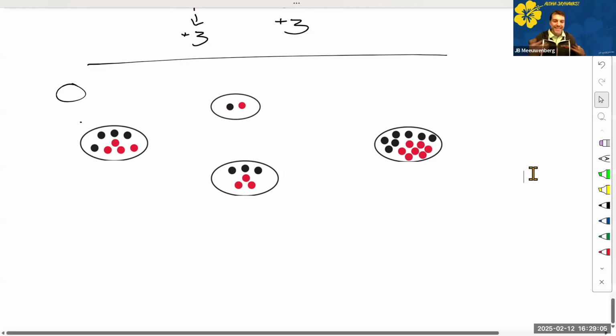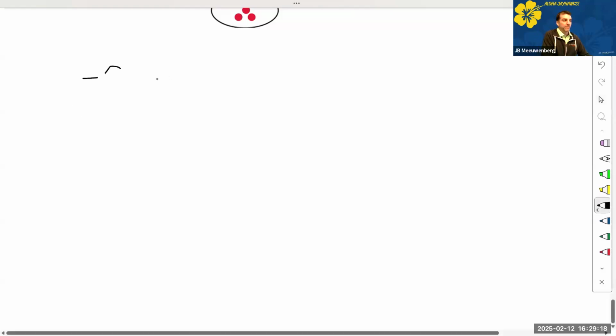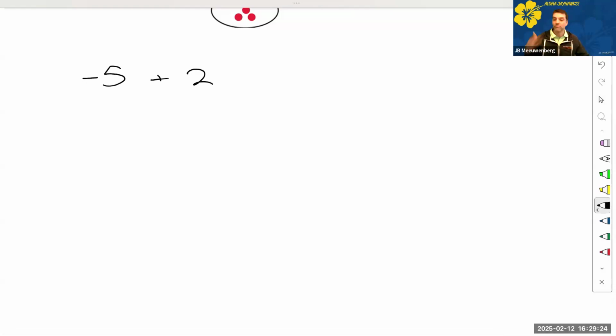So this is where we sort of get into the idea of addition, okay? What we're going to do in this next picture is look at a very specific addition problem, -5 + 2. So again, this uses symbols to represent the idea of numbers, and now we've got negative numbers included.